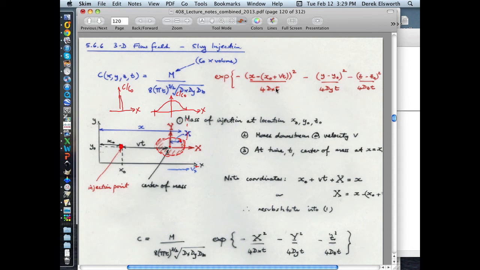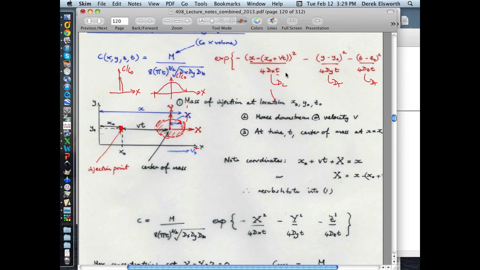The time at which you want to know what the plume looks like is time t, and it has dispersion in the longitudinal direction and in the transverse direction. And of course there are two transverse directions because this is kind of an ellipsoid that is spreading out not only in plan view in the y direction but also up and down in the aquifer as well. And so this is basically the equation of an ellipsoid, if you like.